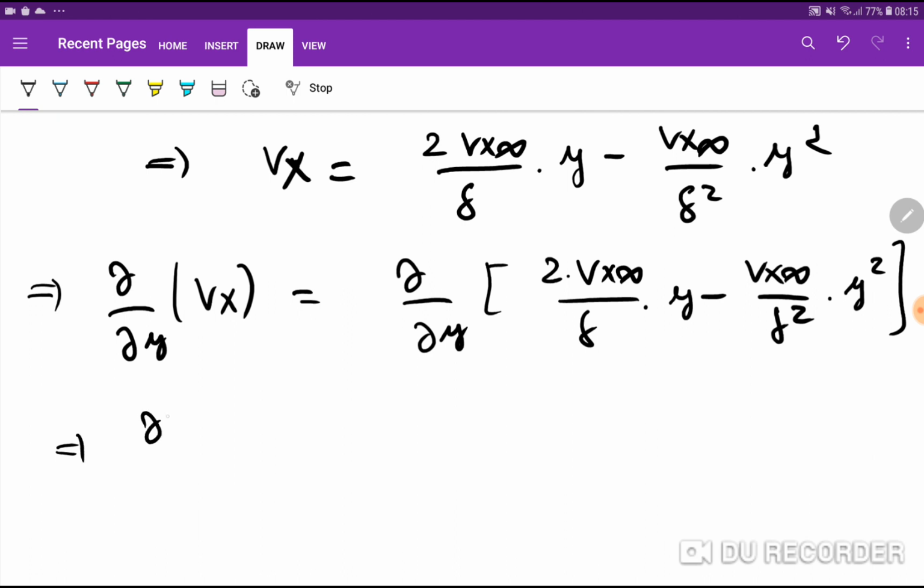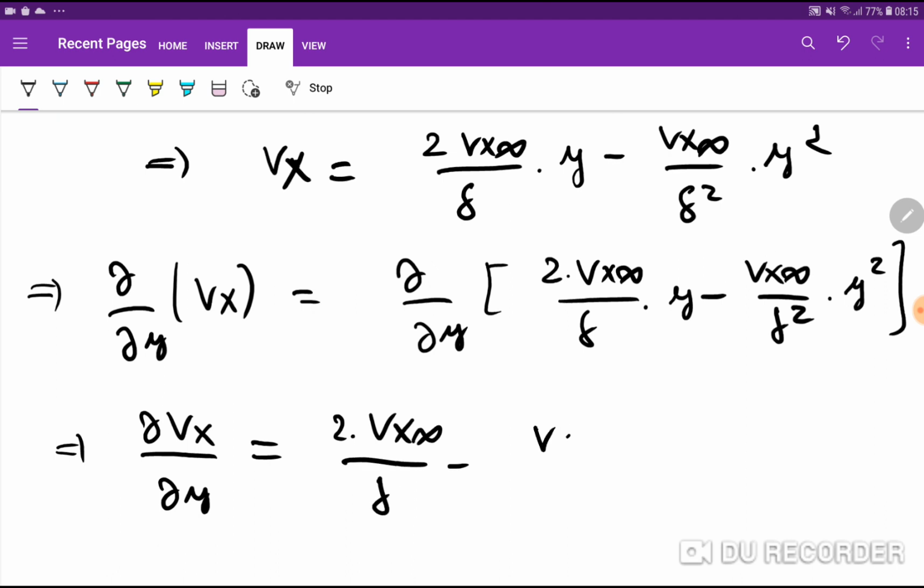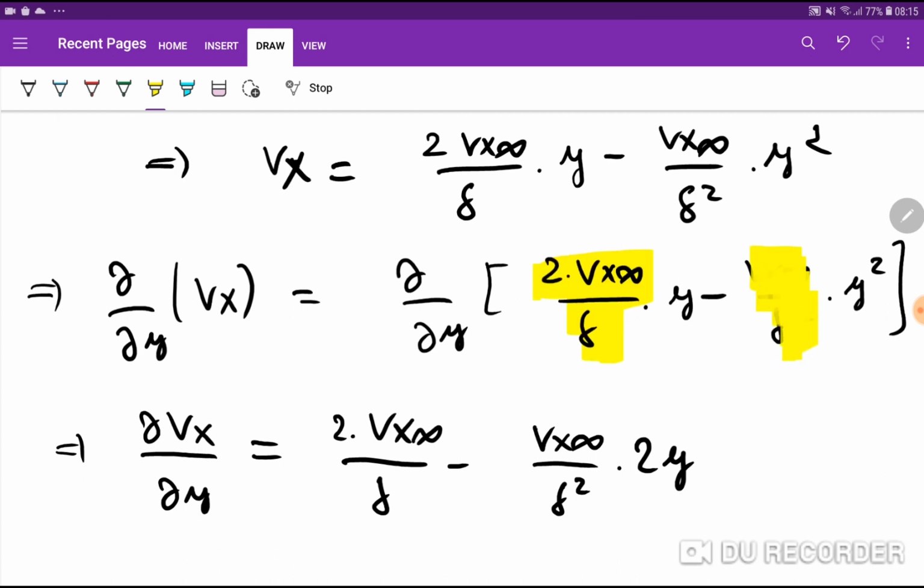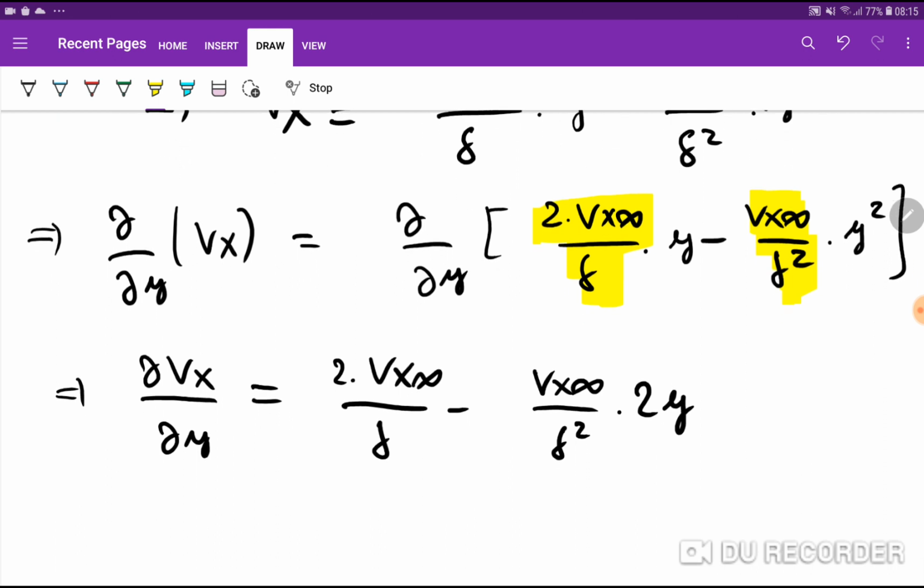So you get partial Vx with respect to y equals, treat this like taking a derivative, 2 times Vx infinity over δ minus Vx infinity over δ squared times 2y. Again, this term, Vx infinity over δ squared, and 2 times Vx infinity over δ are constants.